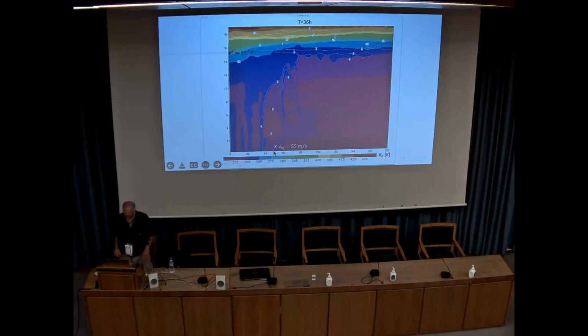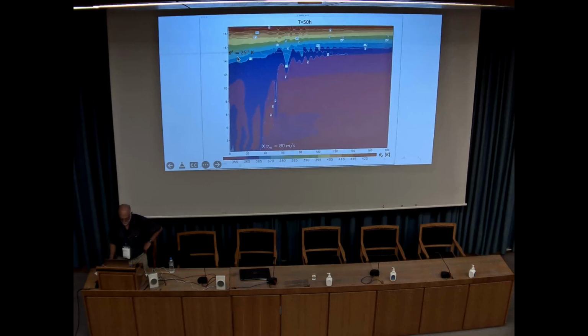This is in the state where it's now reached the Emmanuel state, where the S and the M surfaces are congruent. And we have here V is 55 meters per second, and it's on its way up. Theta is 15 degrees at the center. Now V is 80 meters per second in the simulation, and theta is at 25 here in the middle.